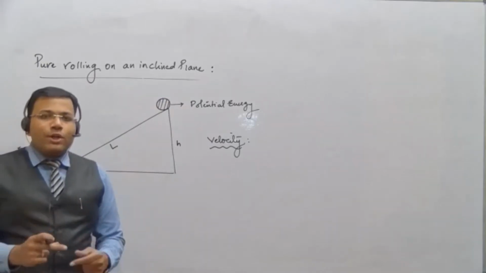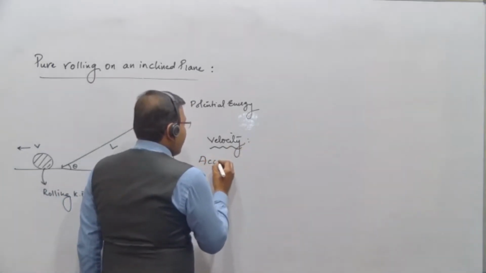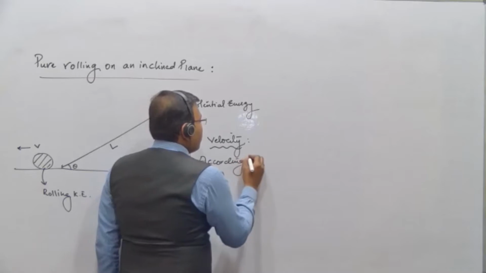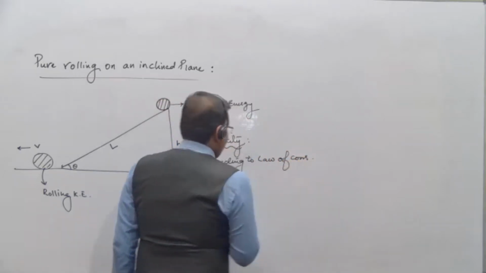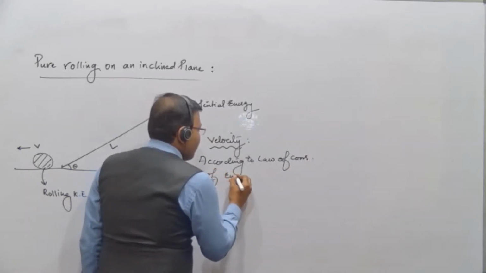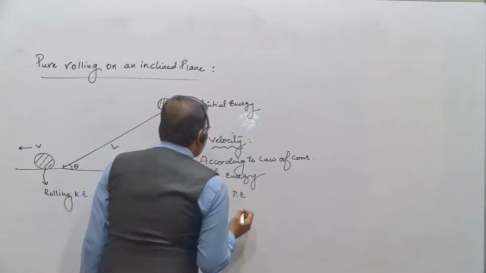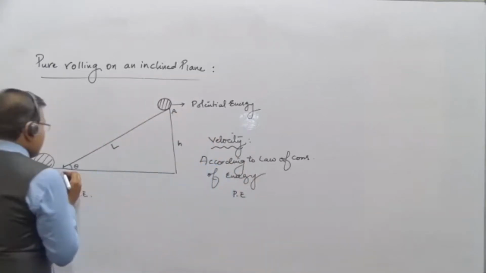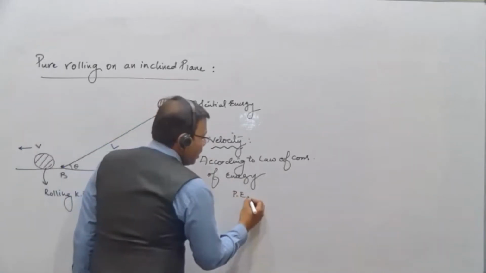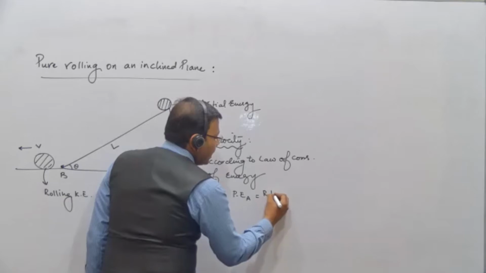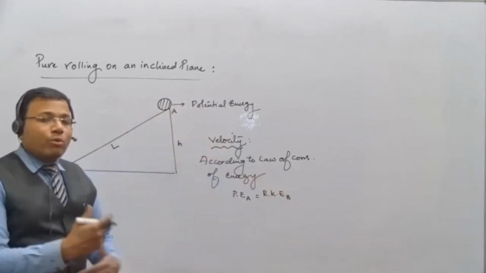So therefore, according to the law of conservation of energy, suppose this is the point A and this is the point B. The potential energy at A will be equal to the rolling kinetic energy at B. Don't say just rotational, because the body is rolling, right?